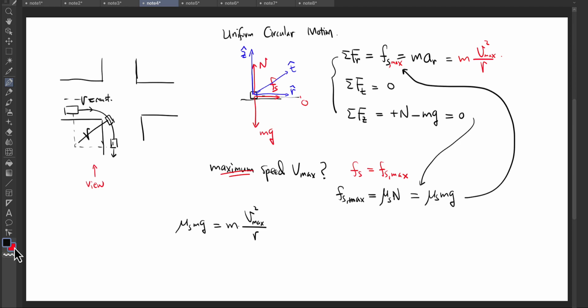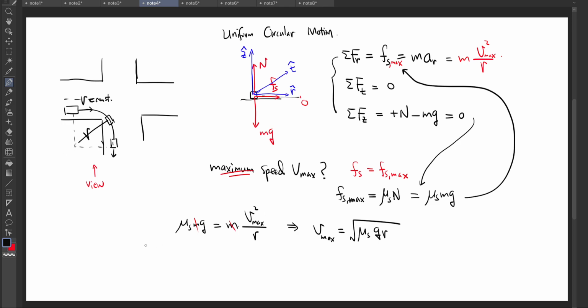Okay, now the m cancels out, and v max equals square root of mu s g r. Okay, so that's the v max expression we get from the static friction coefficient, and the gravitational constant g, and also radius r of this street.